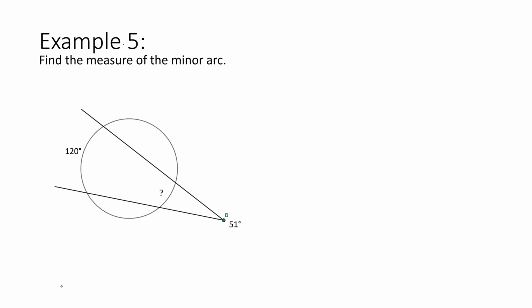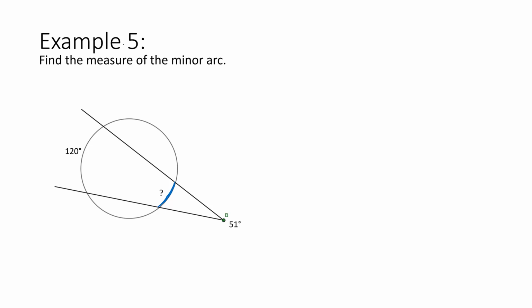This problem is very similar to the first example that we answered, but now instead of looking for the exterior angle, we are looking for a missing arc. The missing arc is, in this case, the one that's marked with the question mark, the minor arc. So to find it, we apply the theorem. First, let's substitute the values that we have.